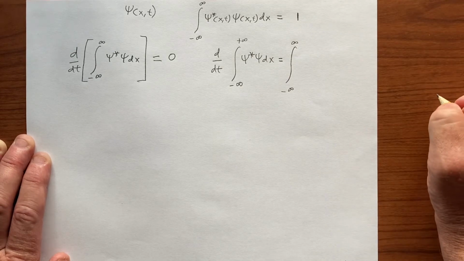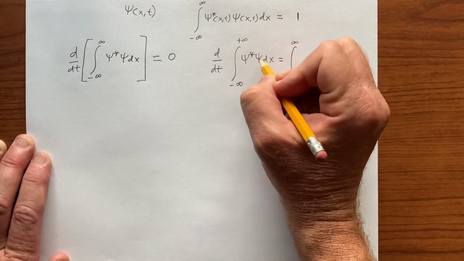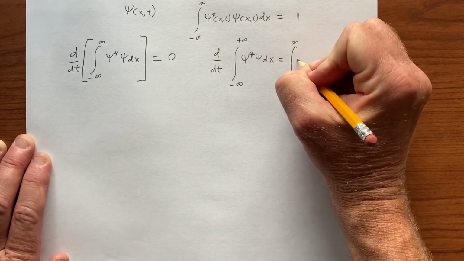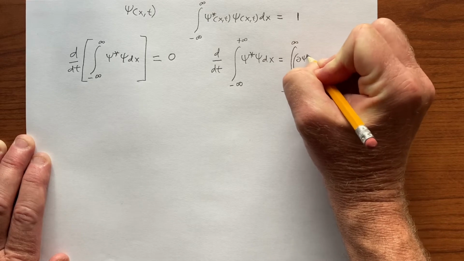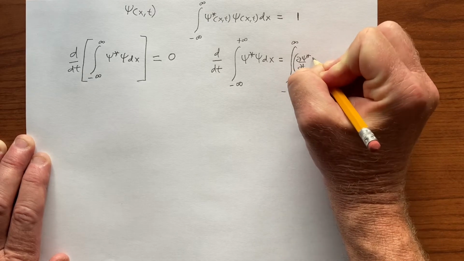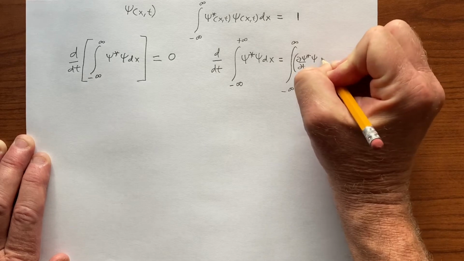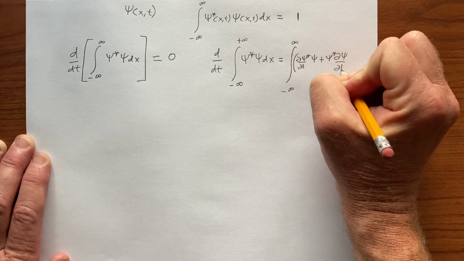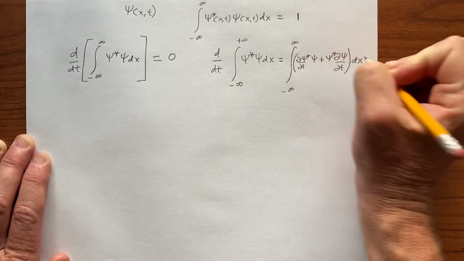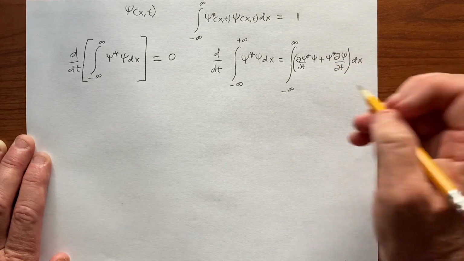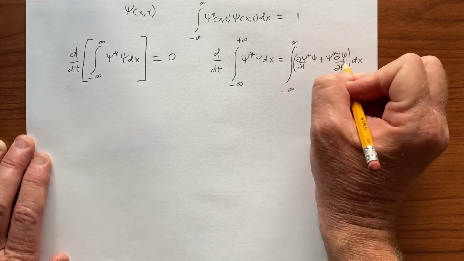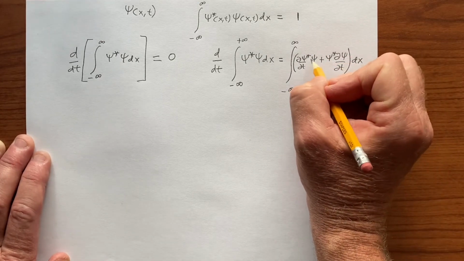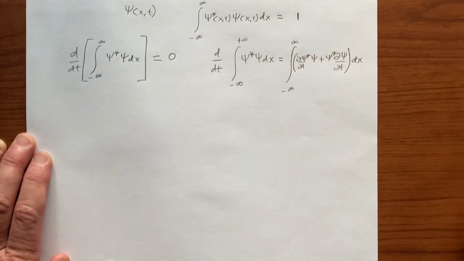We're going to apply the chain rule. We have d psi star by dt times psi plus psi star d psi by dt in dx. But these time derivative terms can be written in terms of spatial derivatives by the Schrödinger equation.